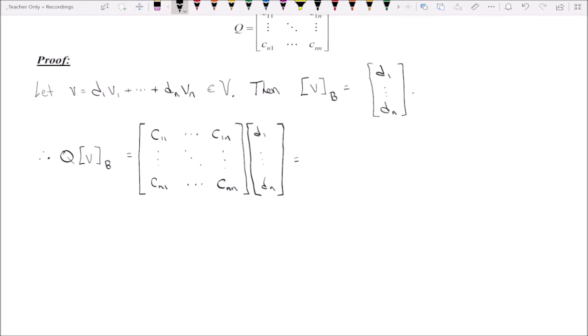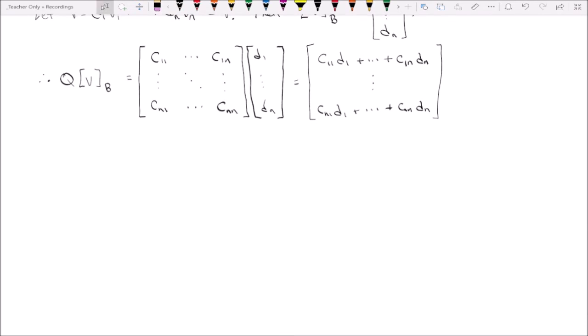All right, doing this product, we'll get c11 d1 plus so on and so forth plus c1n dn, and so on and so forth, and then we'll have cn1 d1 plus so on and so forth plus cnn dn.